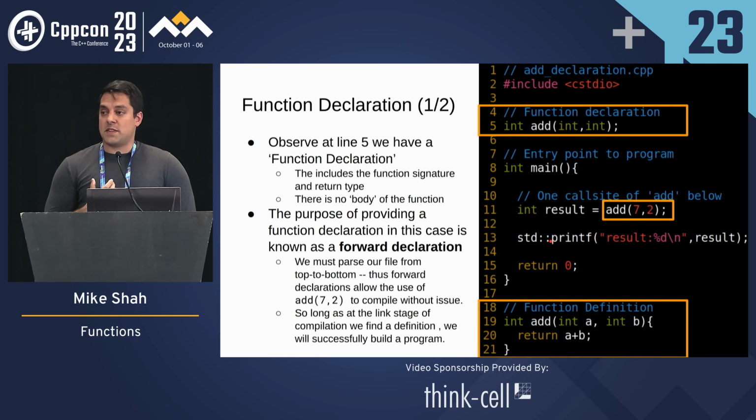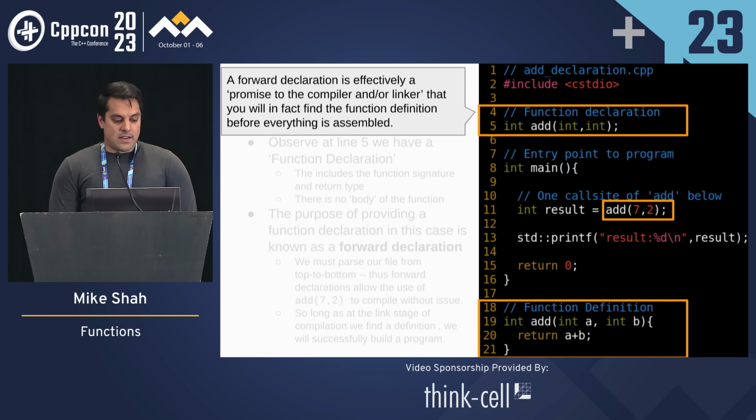So we need to see that something exists or have some promise that it exists. When C++ sees this at 11, it says, yeah, I know what that is. I can replace that with that call to add, like we saw in the assembly. So the forward declaration is just a promise to the compiler and or the linker that everything's going to be fine. Trust us.